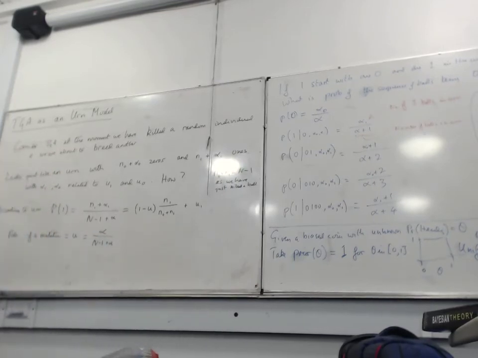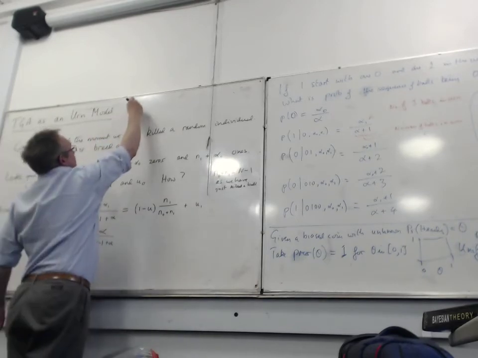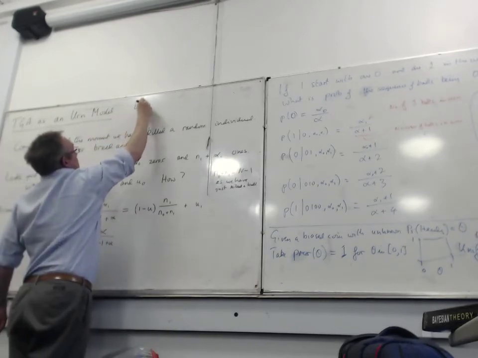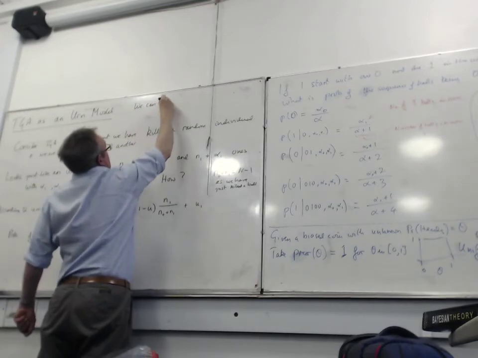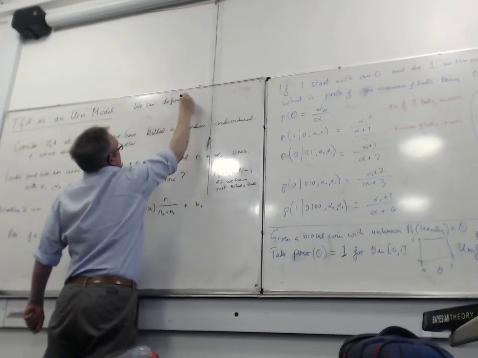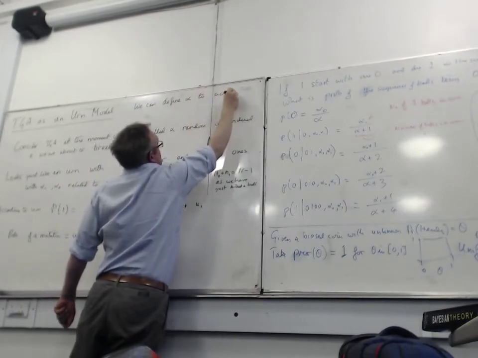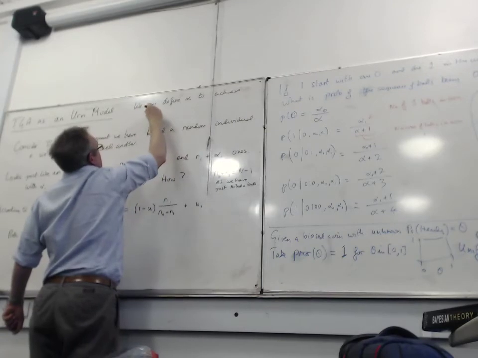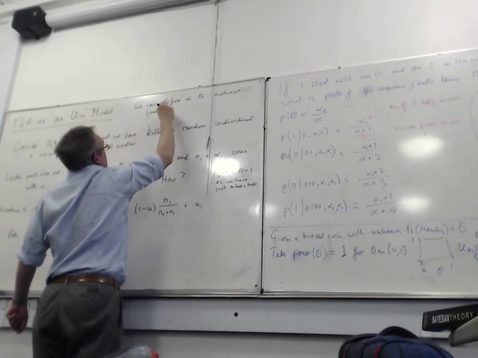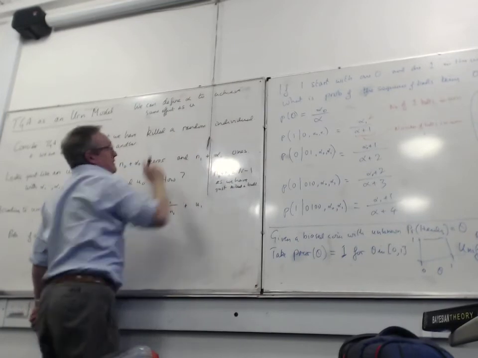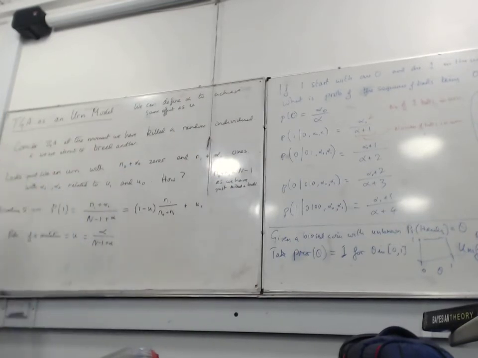We want to define alpha to achieve the same effect as u. So this is the subtlety of it. u equals the chance of mutation here, in terms of n minus 1 plus alpha.